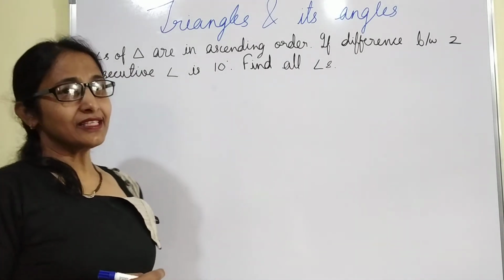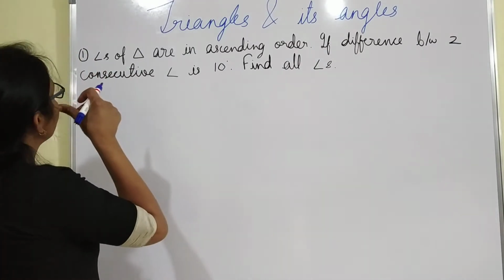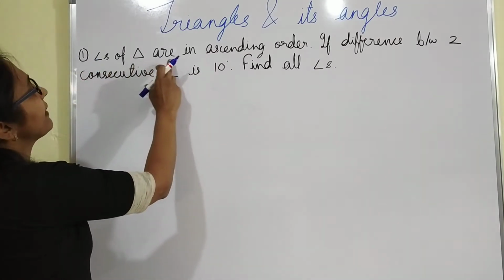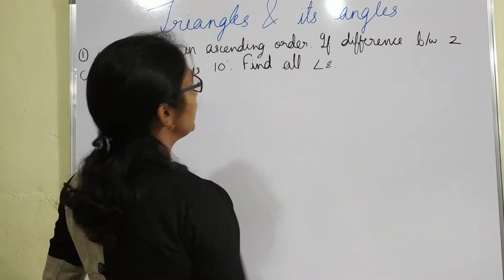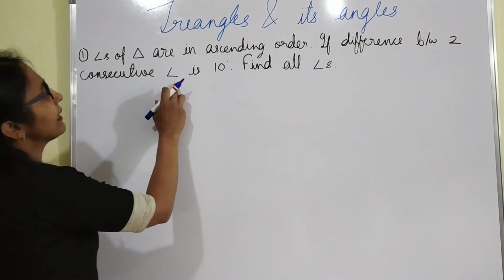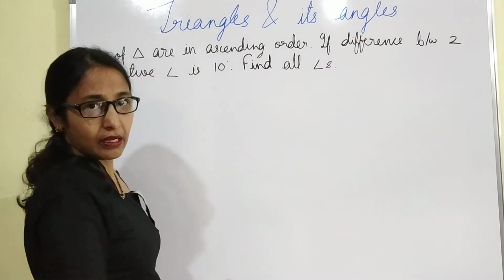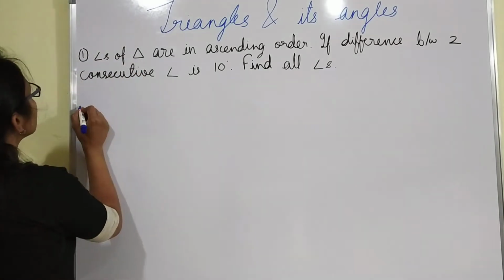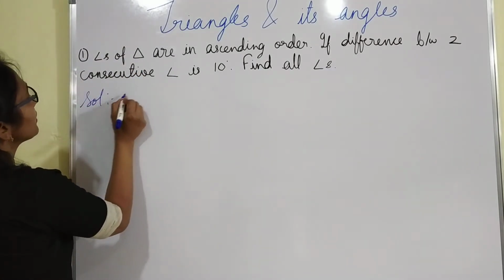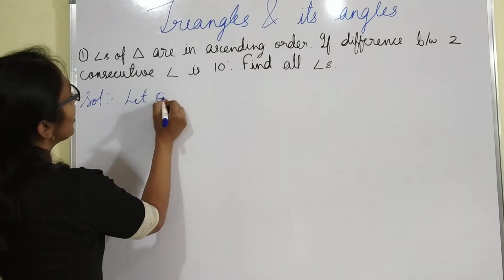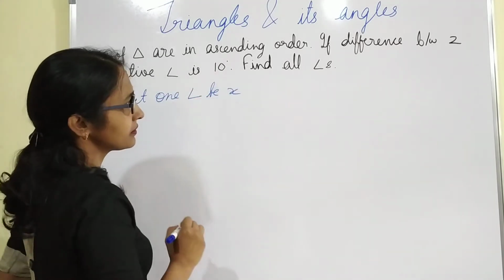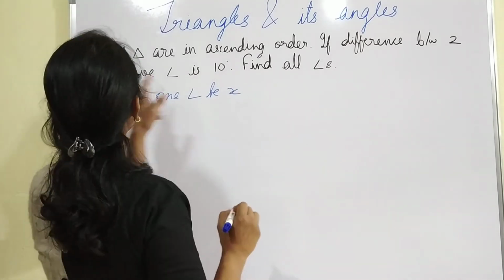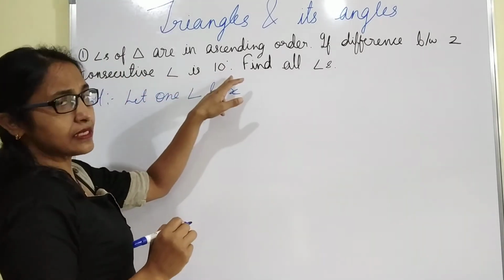Now next question is, angles of triangle are in ascending order. If difference between two consecutive angle is 10, find all angles. Okay. So solution. Let one angle be x and difference between two consecutive angle is 10.